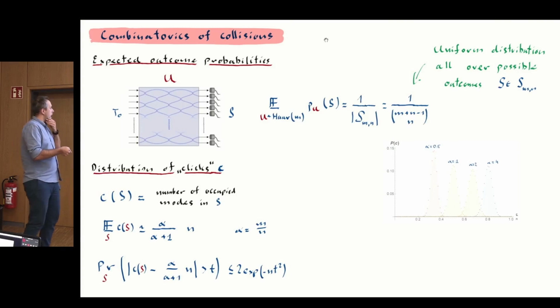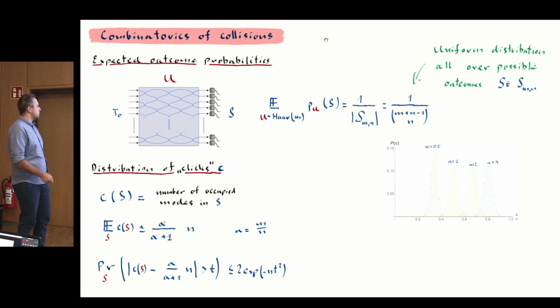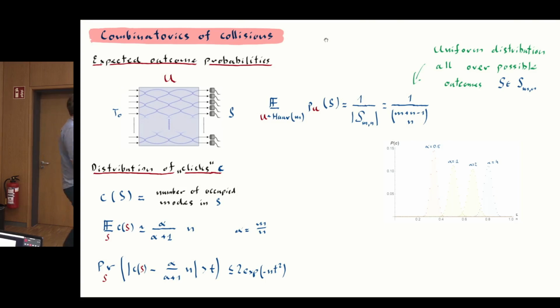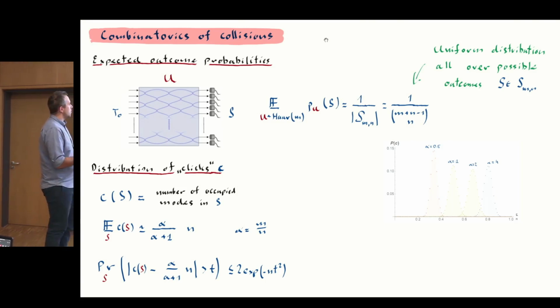Moreover, you can give a concentration of measure argument, concentration bounds for the number of clicks. So you have exponential suppression outside of this mean. So very likely a randomly chosen S, drawn from the flat distribution of all possible outcomes, will have extensively many modes occupied.